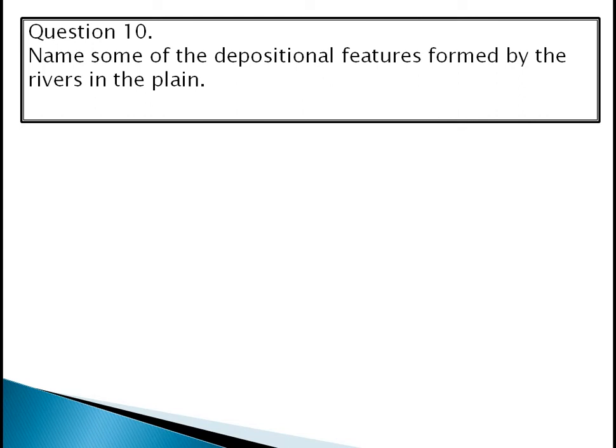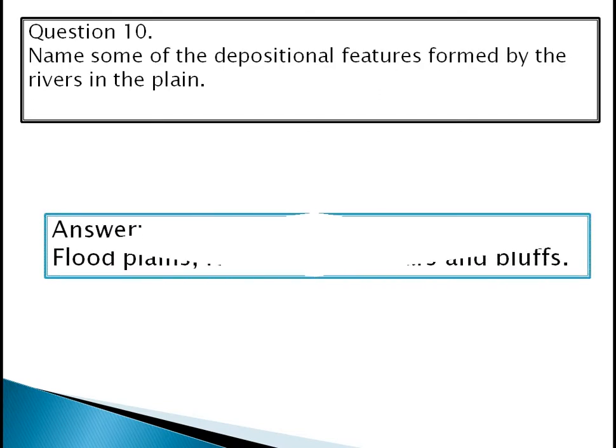Name some of the depositional features formed by the river in the plain. As you know the features, just quickly have a look: floodplain, levees, channel bars and bluff.